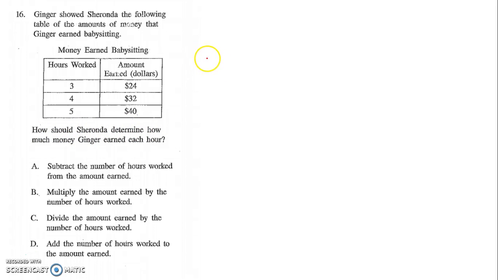Well, you could always set up your ratio. Amount earned over hours worked would be equal to your amount earned over hours worked. Because a lot of times students say to me, I don't know, should I multiply, should I divide? And if you set up a proportion, you don't even have to think about it. You just take any one of these dollar amounts.